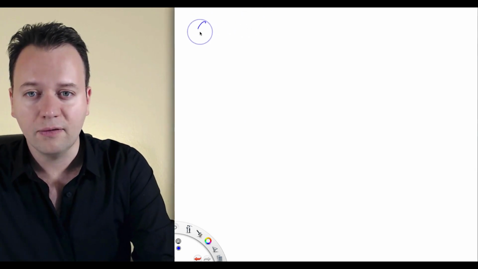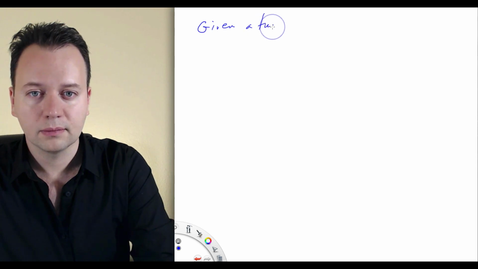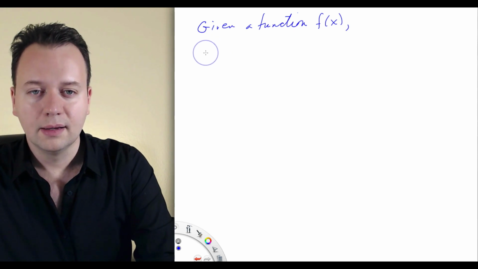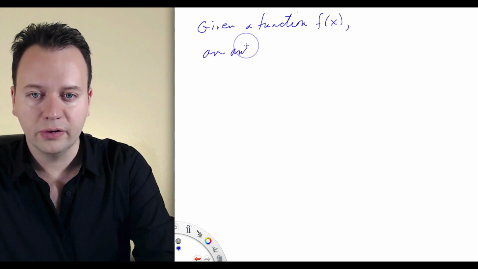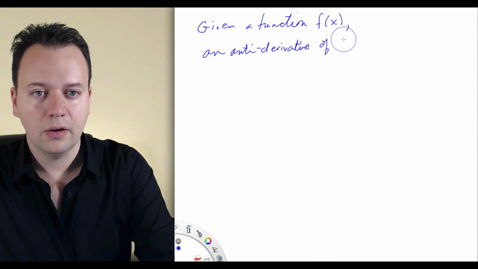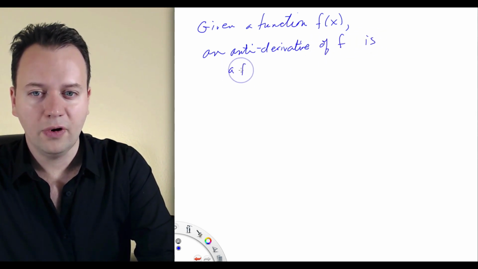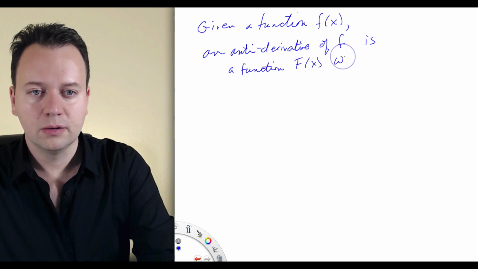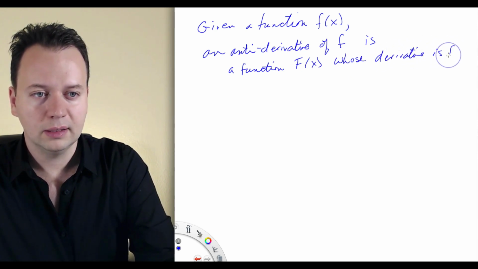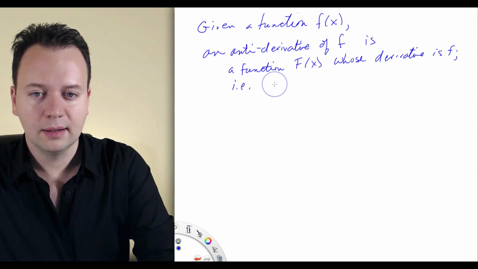So given a function f, say f of x, an antiderivative of f is a function, which we'll call capital F of x, whose derivative is little f, i.e. capital F prime of x is equal to little f of x.